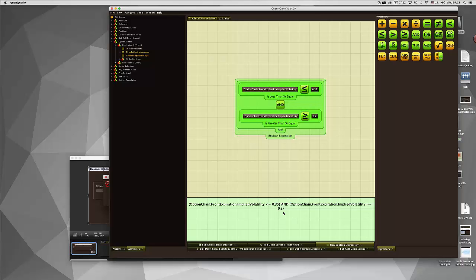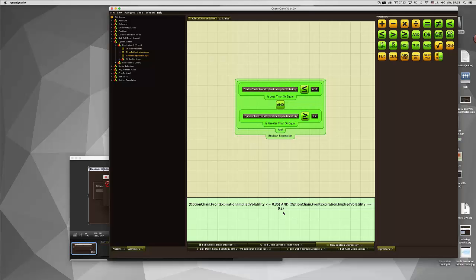if you want a bullish debit spread, like a bull call spread, you might say that the 50 period moving average is greater than the 100 period moving average, and then the signal is taken when the underlying price crosses above the 50 moving average from below.